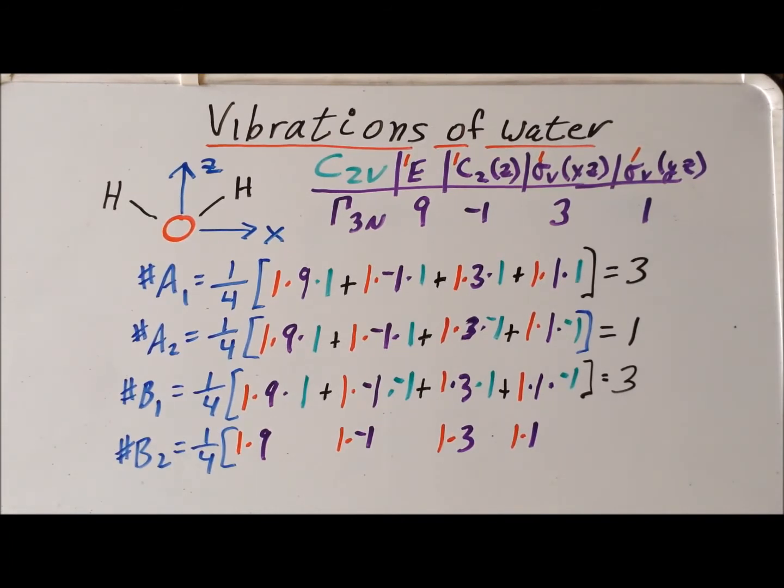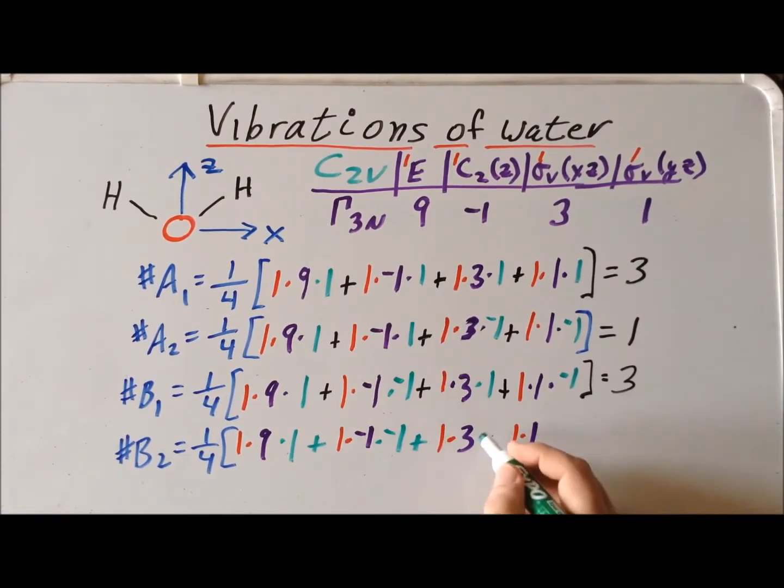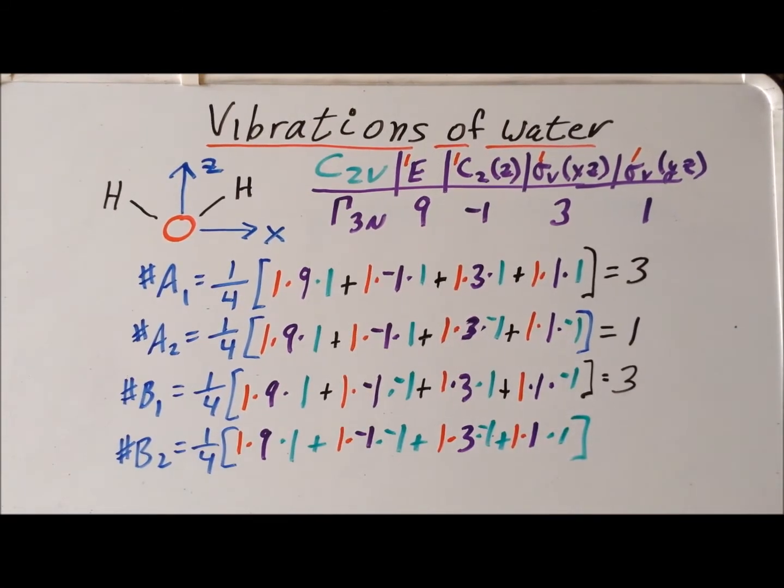Then the third factor is going to be from the character table. So the character for E is 1 for B2. The character for C2 is minus 1. The character for the first sigma v is going to be a minus 1. And then the character for the second sigma v is going to be a plus 1. So this ends up equaling 8. So we have that 1/4 of 8 is equal to 2.